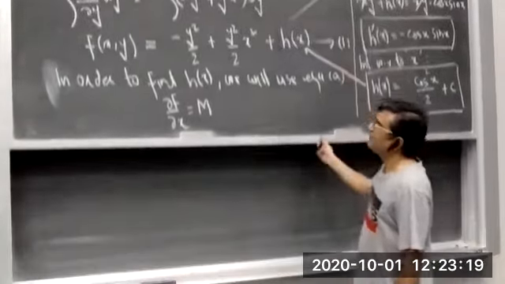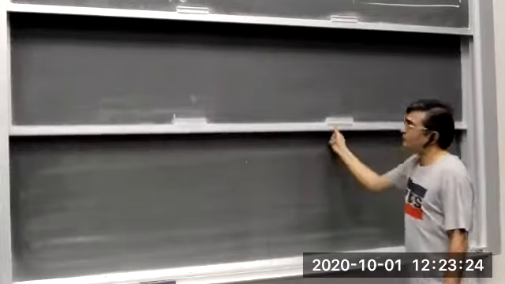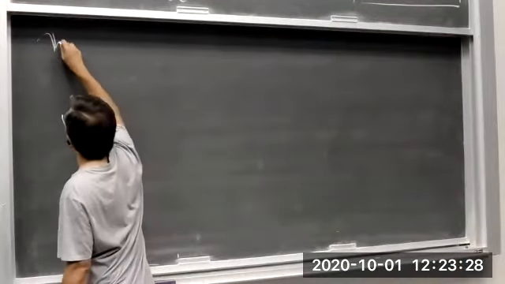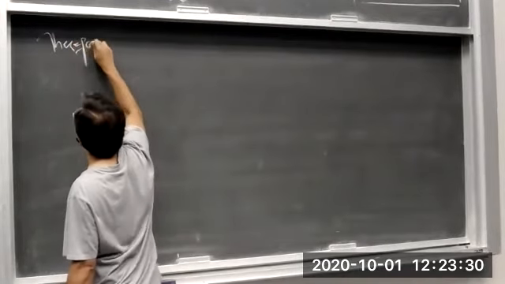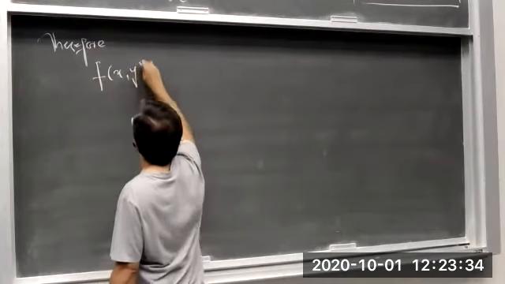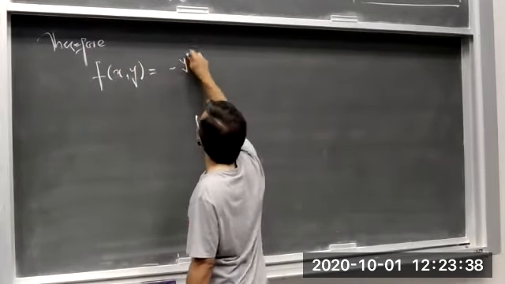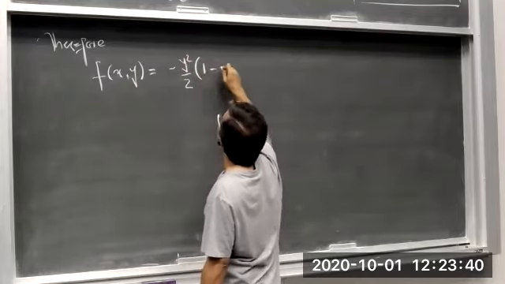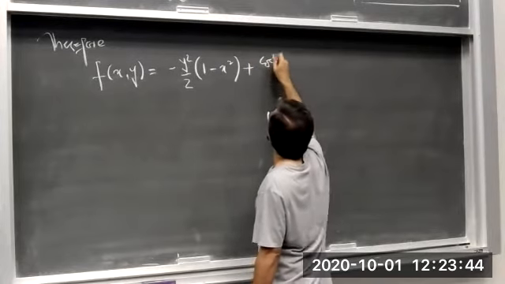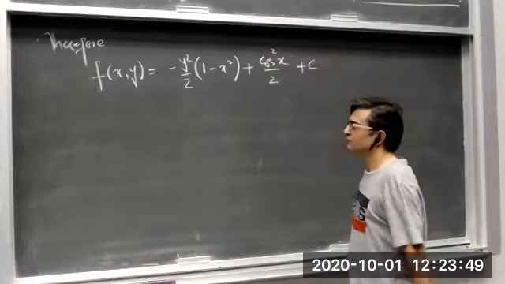Now what is the final value of f of x y, therefore inserting the value of h of x into f of x y, we have minus y square by 2 को कॉमन ले लें तो 1 minus x square plus cosine square of x divided by 2 plus a constant c. ठीक है.